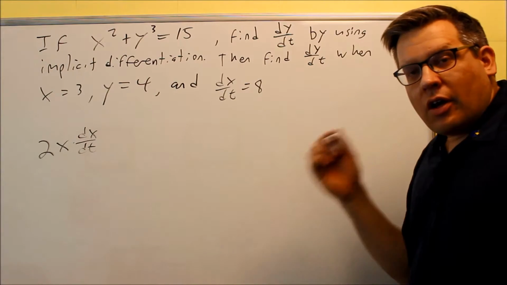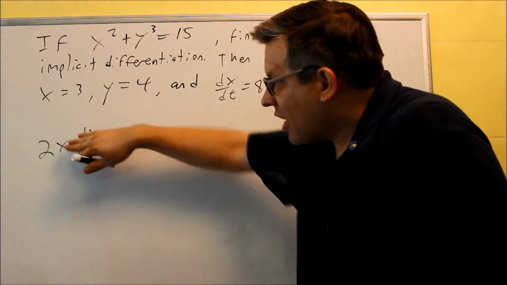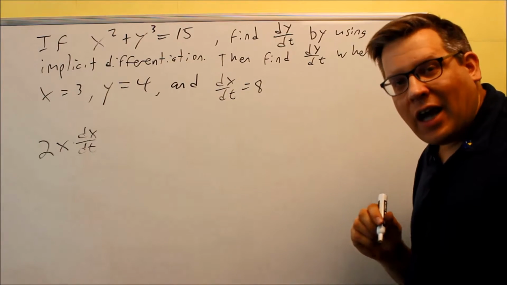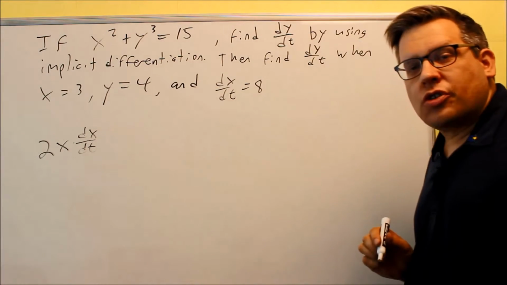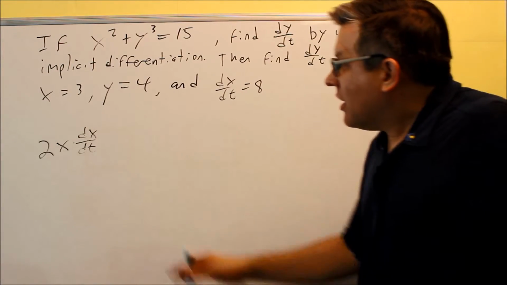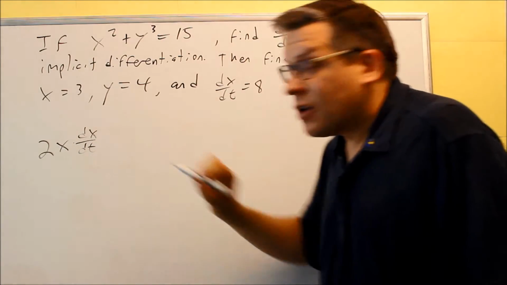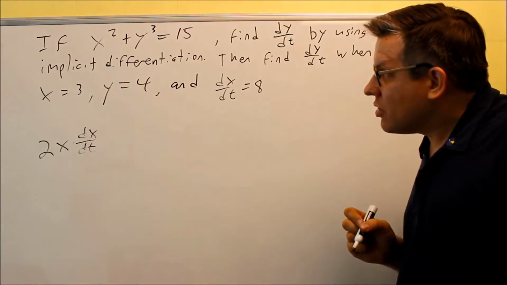Normally when we did the other section, implicit differentiation, I would have just had 2x and that would have been it. That's because we were doing everything with respect to x, the dy dx. But because we're doing this with respect to time, if there's no t in there, you can't just do the normal derivative without this part here. You need to multiply by the derivative of the inside, and that's where the dx dt comes from.